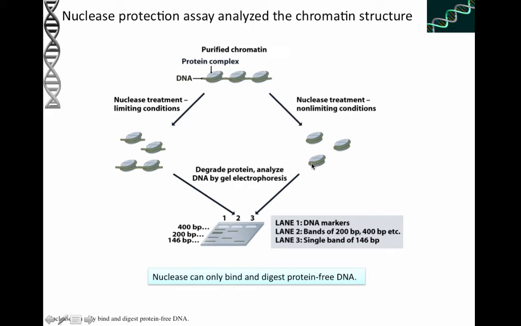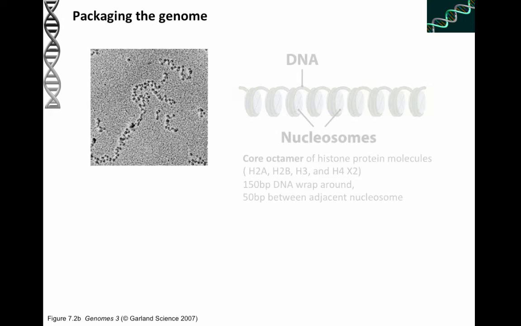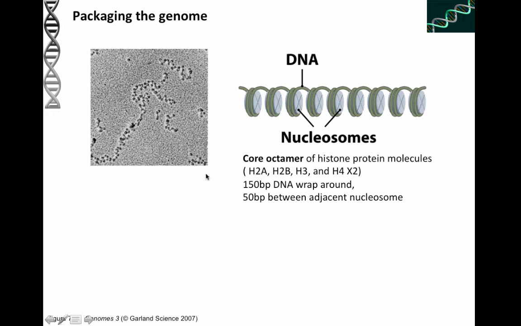The area that is only wrapped around by the histone protein is around 146 base pair. From this assay, they figured out that the DNA is associated with the histone molecule at every 200 base pair, and the core region wrapped by the histone molecule is about 150 base pairs.